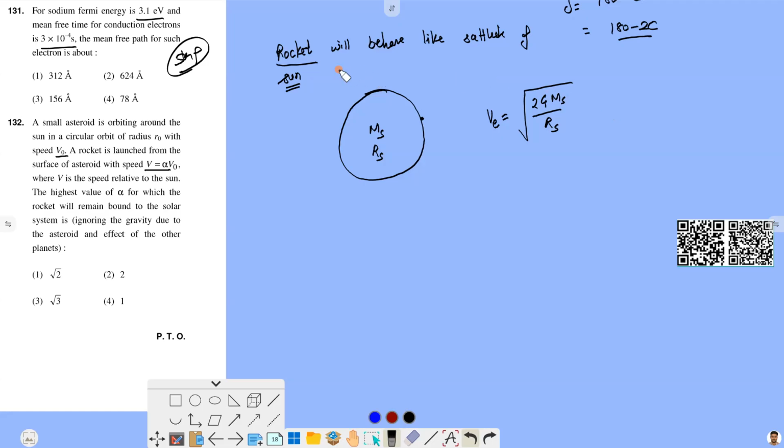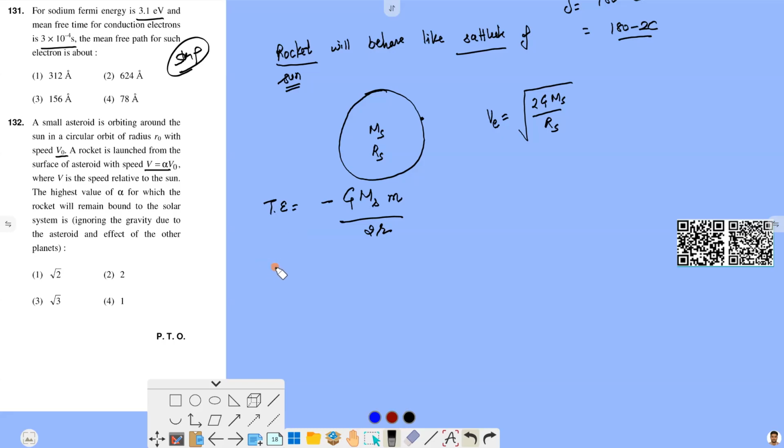Now, as this rocket is behaving like a satellite, and we know for a satellite, the total energy of the satellite is equal to minus G M, here it will be capital Ms because we are discussing the sun, so its mass ms into small m, where small m is the mass of the satellite or the rocket, divided by twice r, where r is the distance between the rocket and the sun.